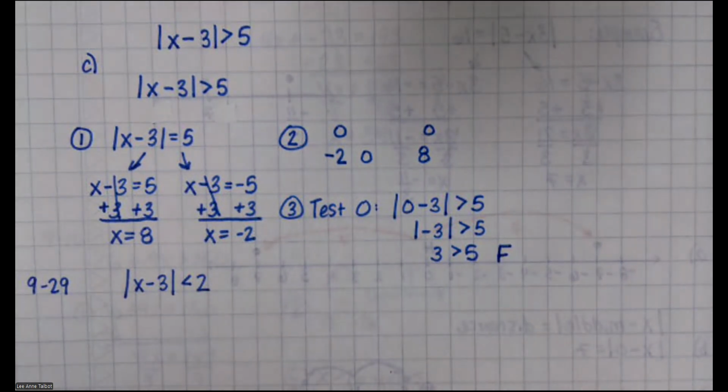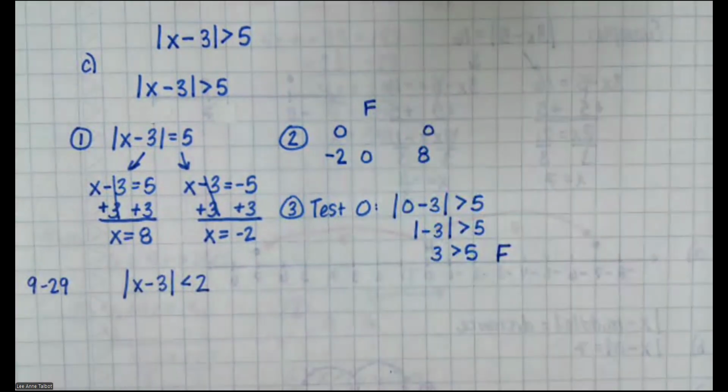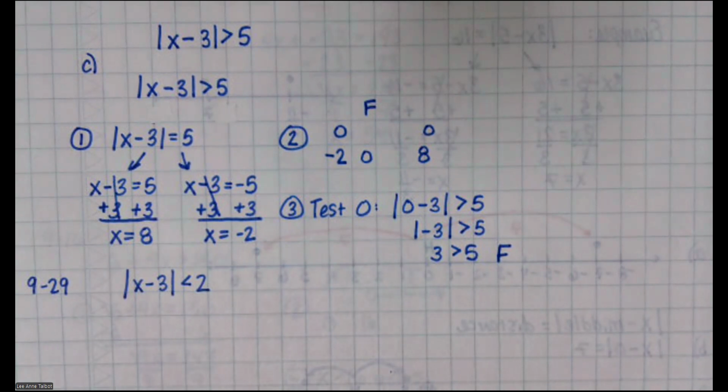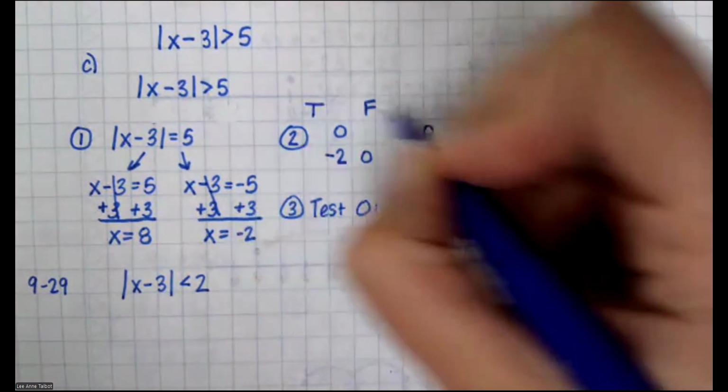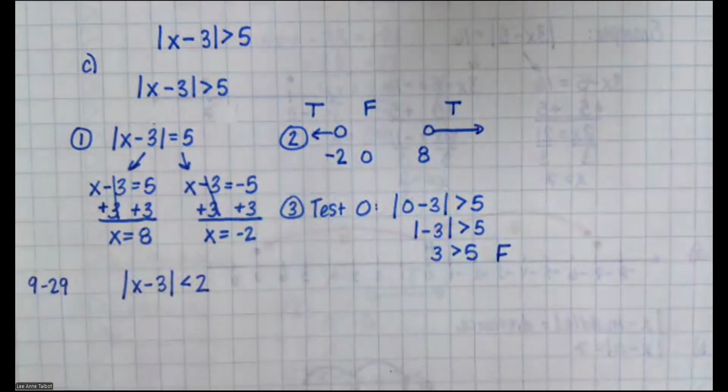Okay. These problems only have two options. You're either going to be true in between the points or you're going to be false in between the points. This one happens to be false in between the points. That means that it's true on the outsides and my arrows go out.